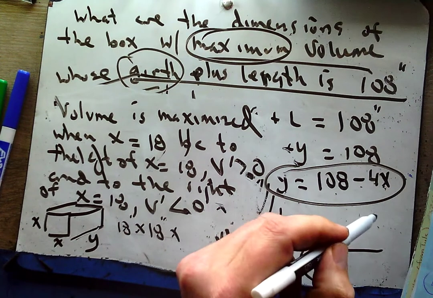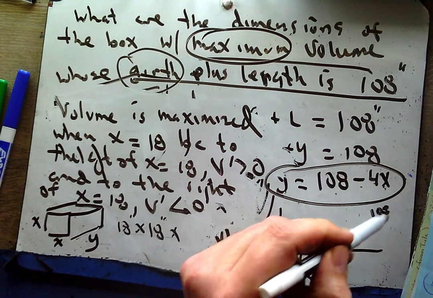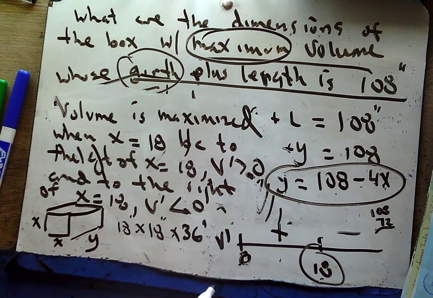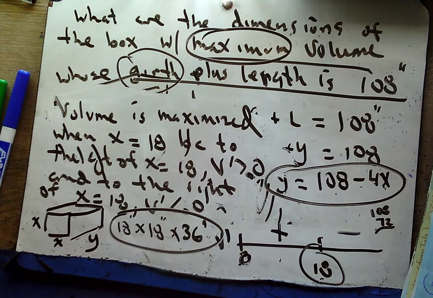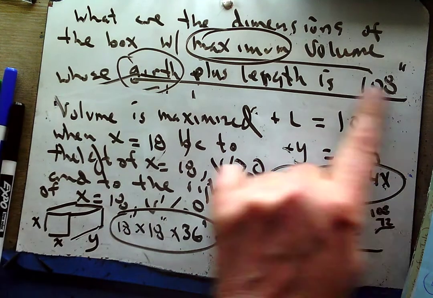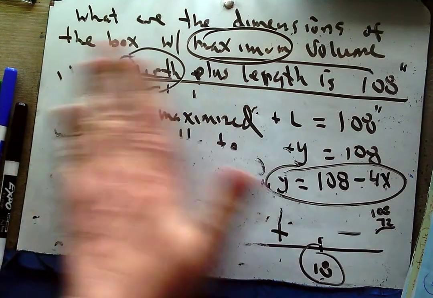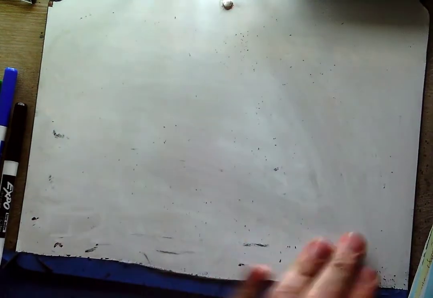I think so. 108 minus 72, yeah, 36. So by 36 inches. Ta-da! There are the dimensions of the box that maximize the volume given this constraint, or helping equation. Helped me twice. All right.